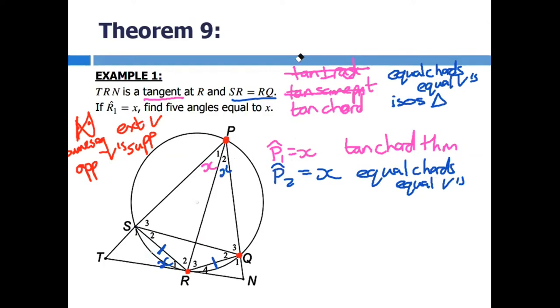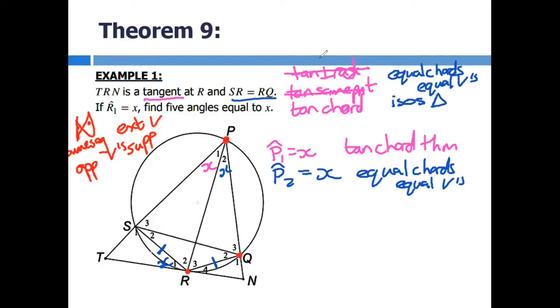Guys, we need 5. It's okay if you don't find an x straight away, but you can tell me other stuff that you know in terms of x. Okay, we've used our tan chord. We've used equal angles, equal sides. At the moment the isosceles triangle isn't helping me with anything in terms of x, so let's go to our red stuff here, our quadrilateral things.